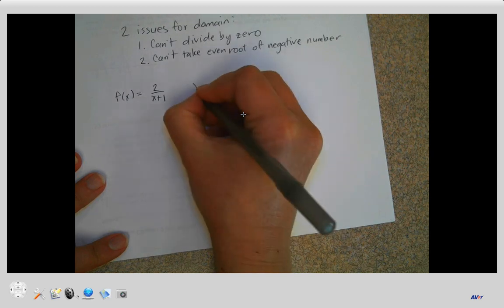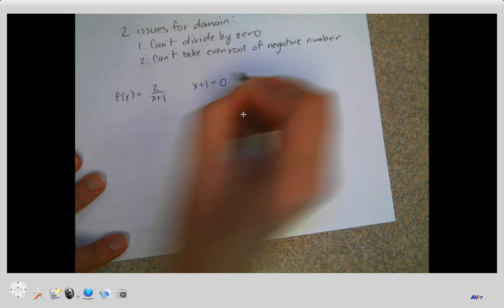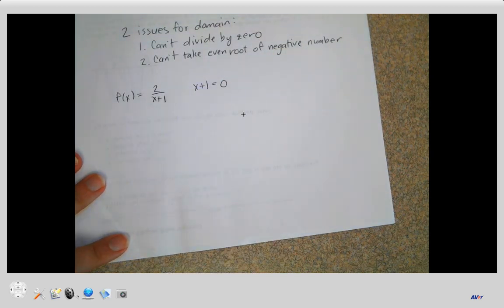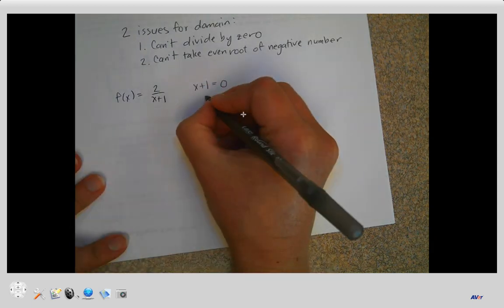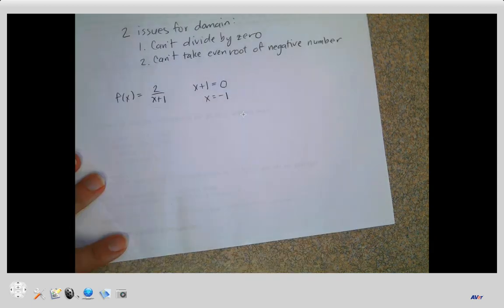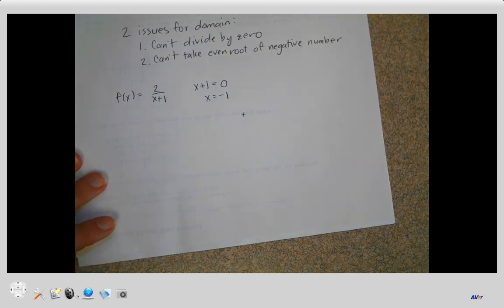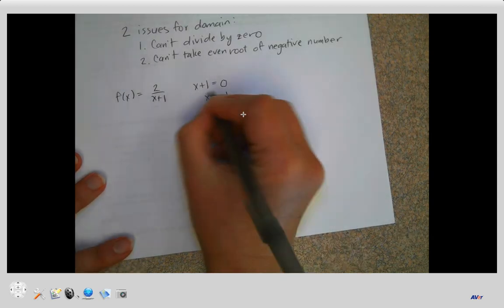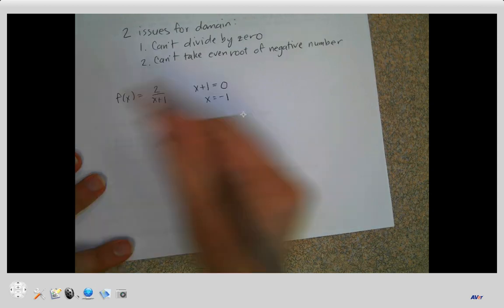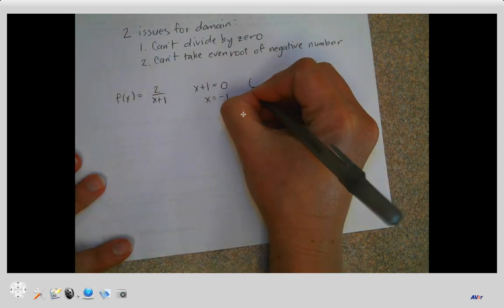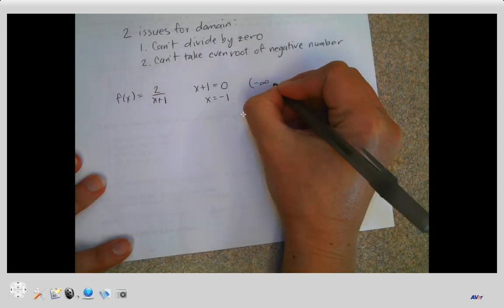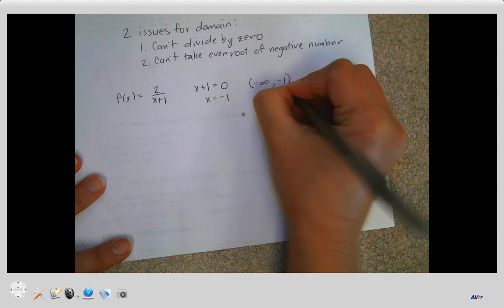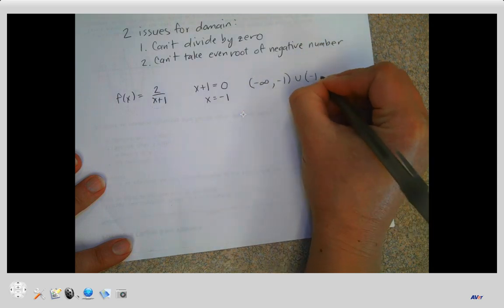So we need to take that denominator and set it equal to 0, and then solve, which isn't too tough in this case. We get x equals -1. Is that our answer? No, the question is asking, what is the domain? Okay, well, this is what has to be excluded from the domain. It's everything except for -1. So if we're going to write it using interval notation, we're going to go from -infinity to -1, and then go from -1 to infinity.